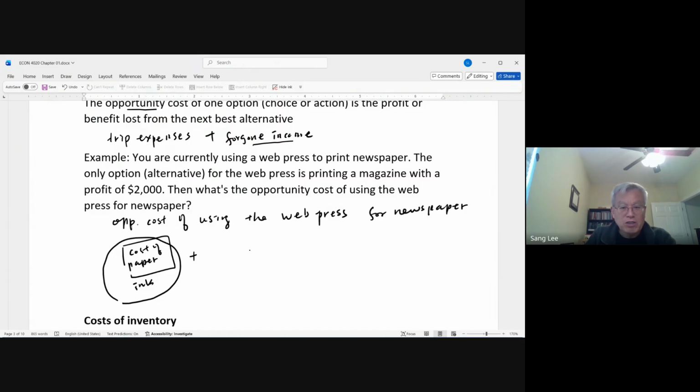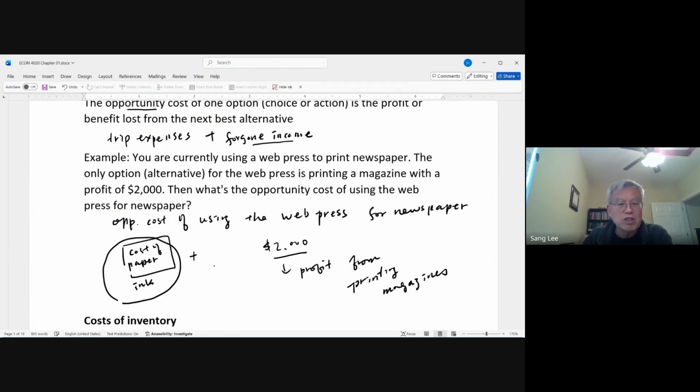But the opportunity cost, so what other option do we give up? Well, we could have used the web press machine to print a magazine. And if we use the machine to print magazine, we can expect a profit of $2,000. This is the profit you expect from printing the magazines.